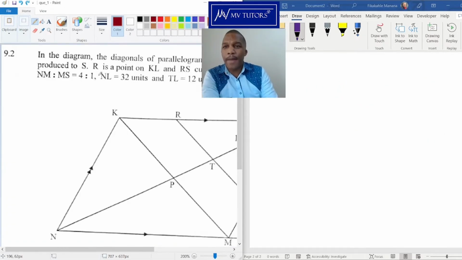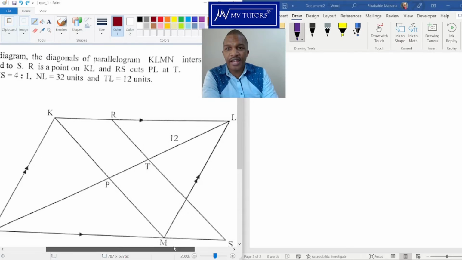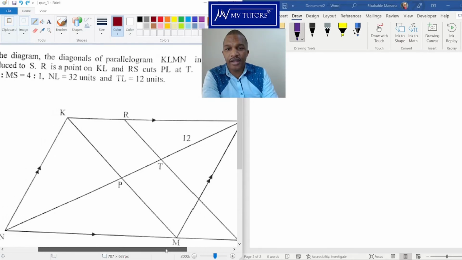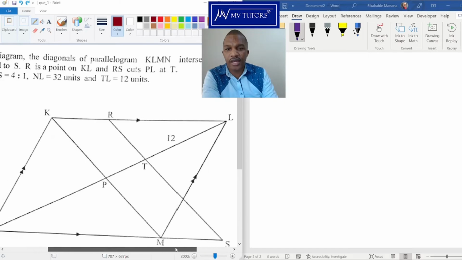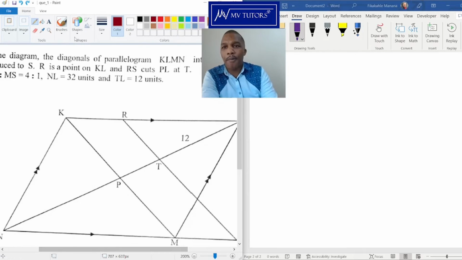Here we go, 9.2. In this diagram below, the diagonals of a parallelogram KLMN. KLMN is a parallelogram. What do we know about a parallelogram? There are a few things we should know.